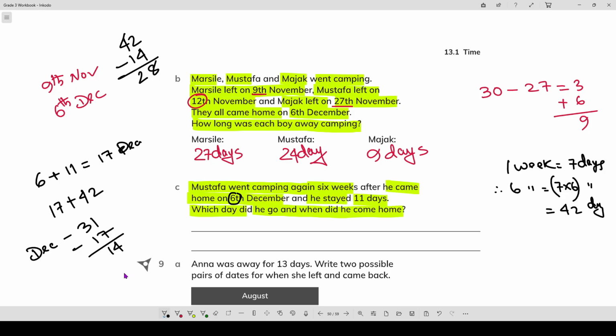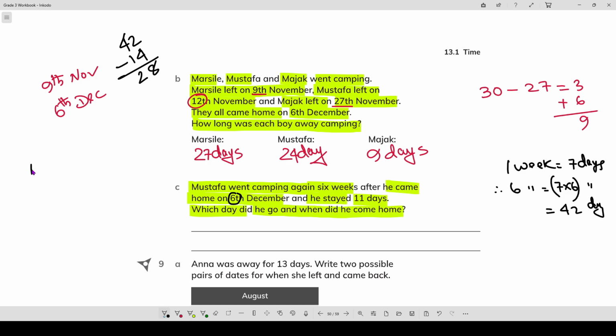Okay, let's check more carefully, this one becomes very complicated. First, he came back 6 December and stayed 11 days. 6 plus 11 means 17th December. And he will go camping again for 42 days.